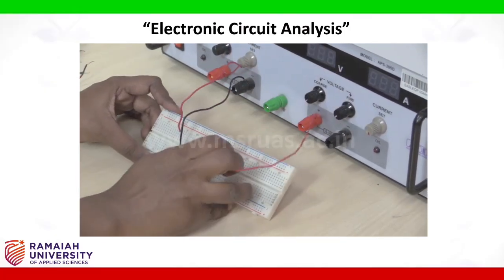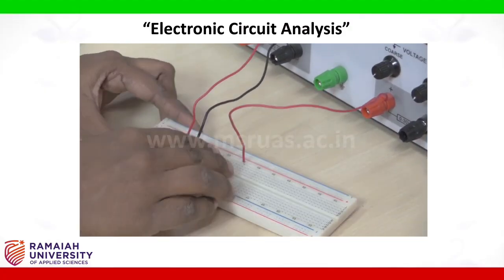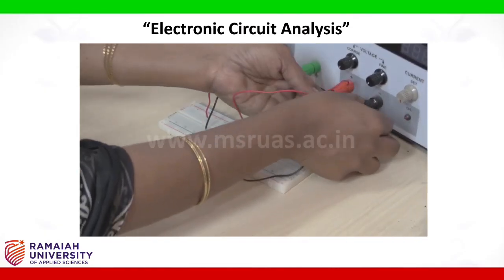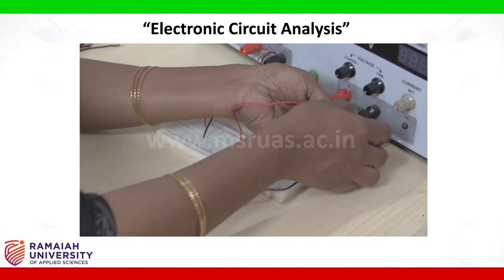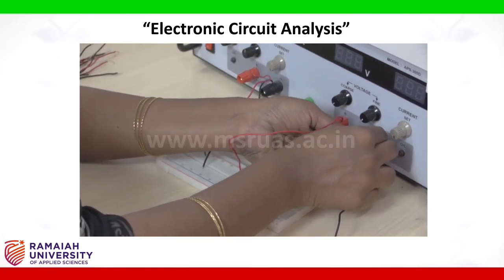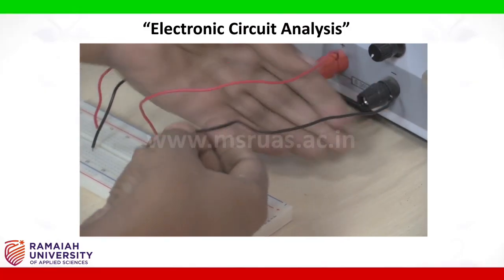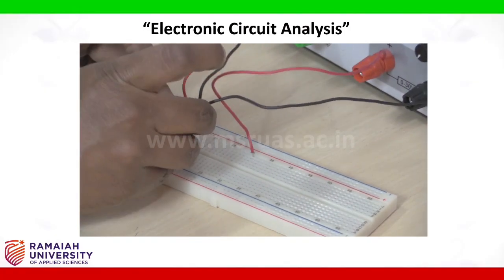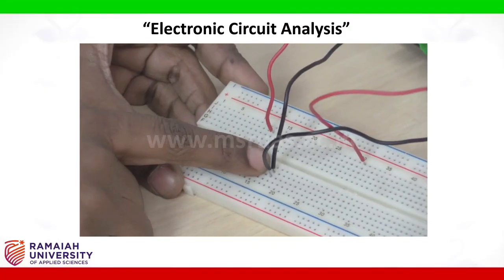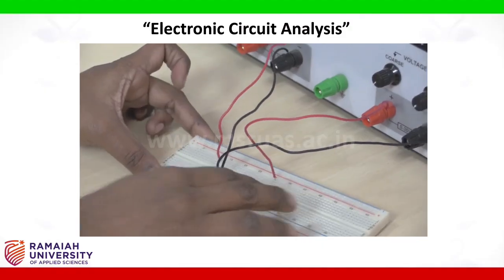This is connected here. Take one more connecting wire from negative terminal of second source to this place. This place we have already connected negative terminal of source 1. Same place negative terminal of source 2 should be connected.